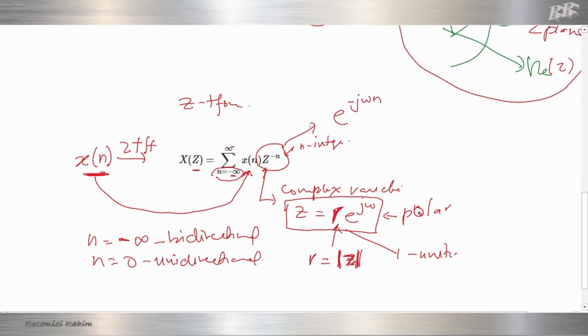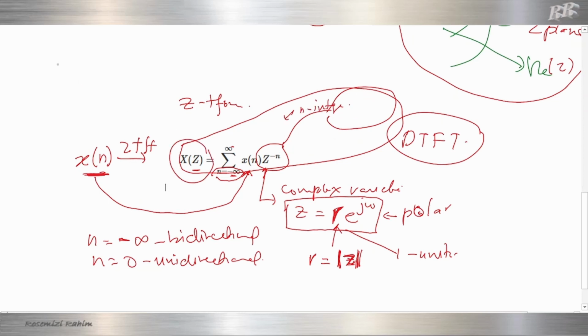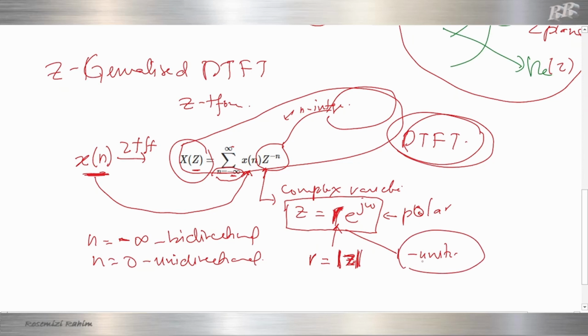If we replace it like this, the overall equation becomes our discrete time Fourier transform. So we can say that the Z transform is a generalization of the discrete time Fourier transform. We can use this equation for the discrete time Fourier transform when r is unity, so our magnitude is unity.